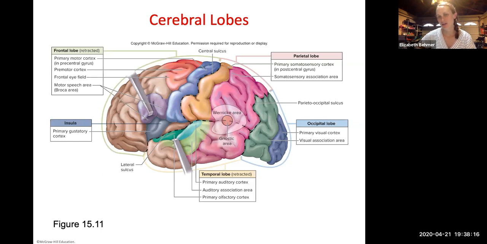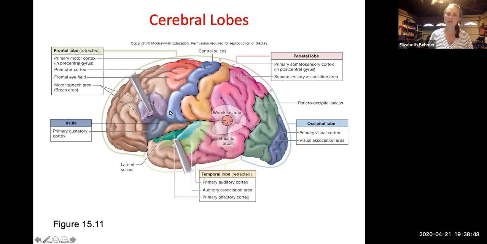Looking at this picture a little more, I just want to point out 2 more things. You'll notice in the frontal lobe, you'll see this gyrus that is colored blue. This gyrus we call the precentral gyrus, and we call it precentral because it's the gyrus in front of the central sulcus. Within the precentral gyrus is what we call the primary motor cortex.